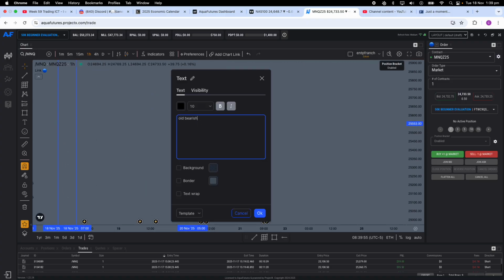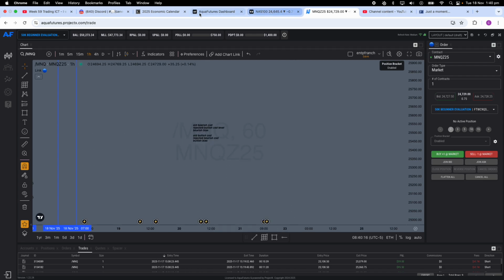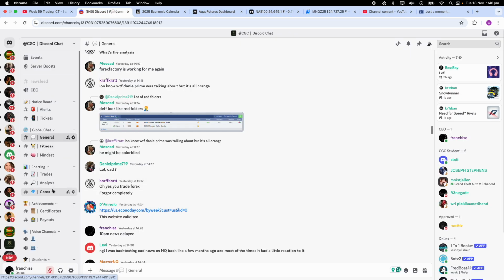Old bearish CSD, rejected bullish CSD level, bearish bias. Old bullish CSD, rejected bearish CSD, bullish bias. Easy.